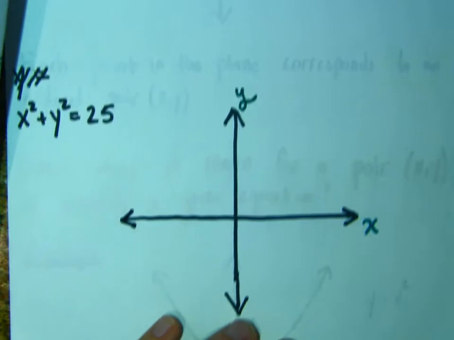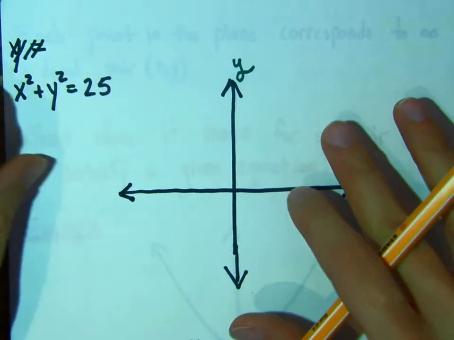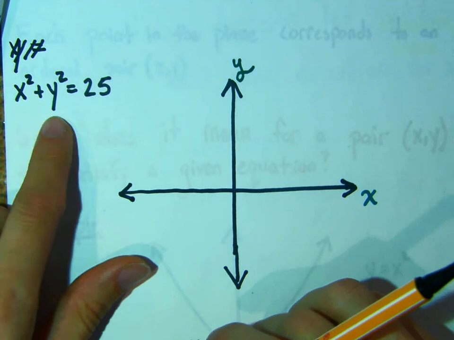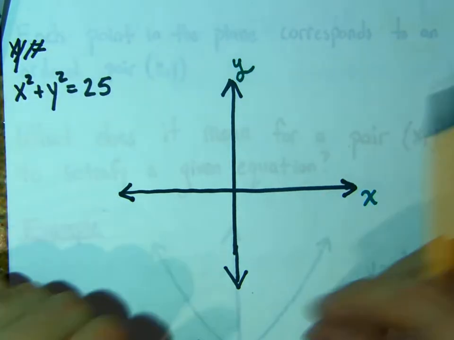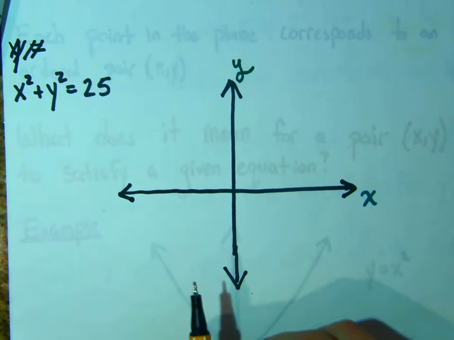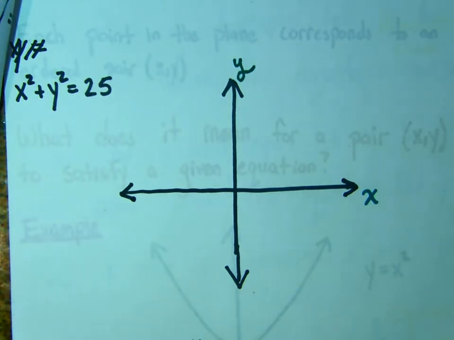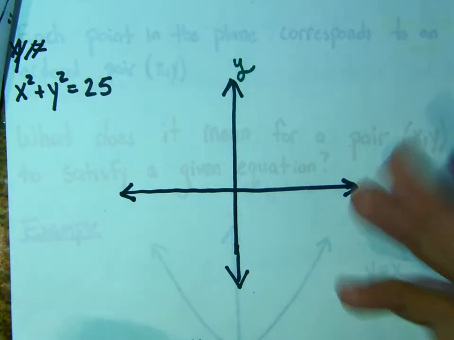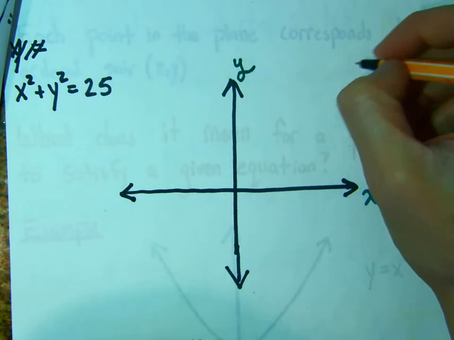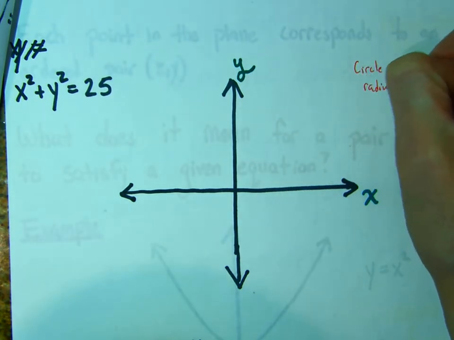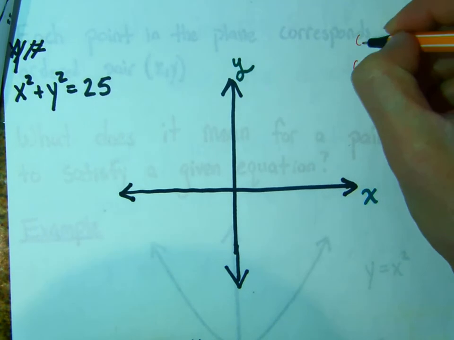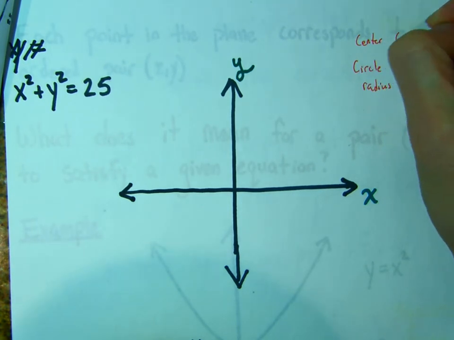And here is the type of graph I wanted us to look at. For this one, if I have x squared plus y squared equals 25, what does this graph look like? Pause the video. If you know what it looks like, draw it. If you don't, what will it look like? This will be a circle with a radius of 5. And the center of my circle will be 0, 0.